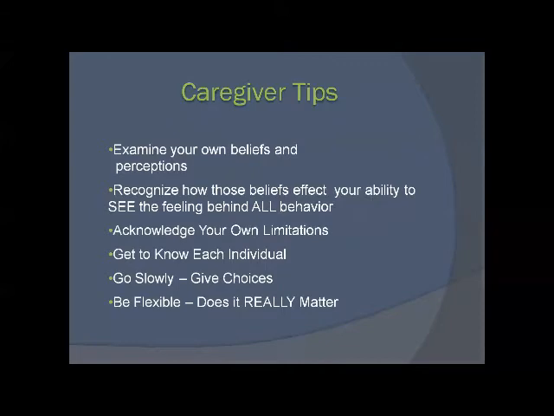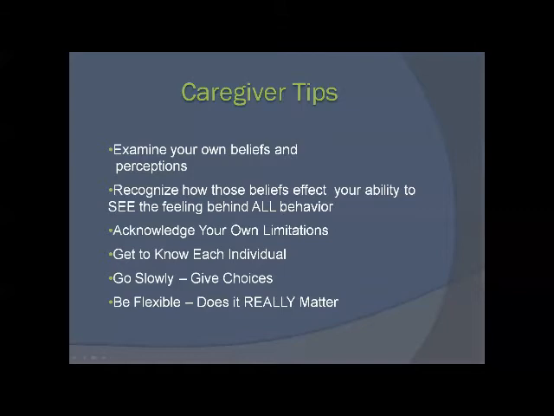That's the only way that you can recognize and meet their needs. Go slowly. Give choices. Be flexible. And always remember, when something is happening that many caregivers think is the end of the world, does it really matter?